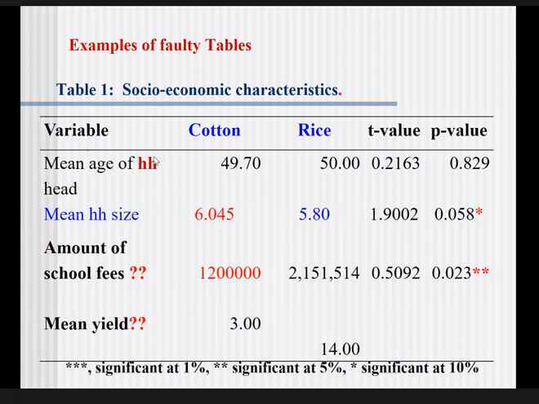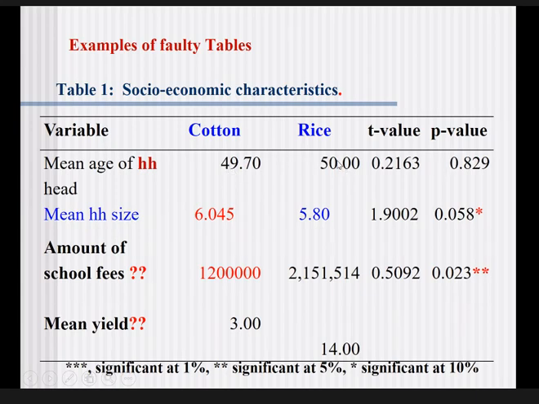So this is the fault. You should write mean age of household head. The other fault here is also mean household size. It shouldn't be HH, but you write something that is understood.